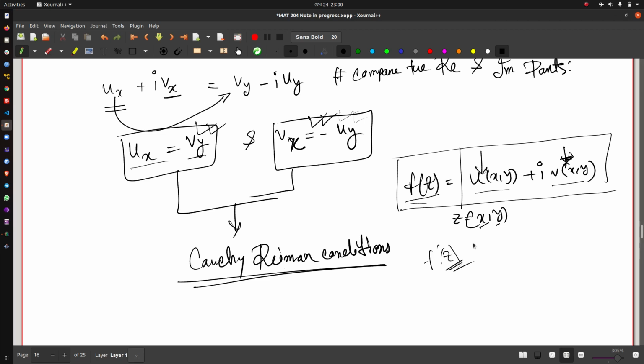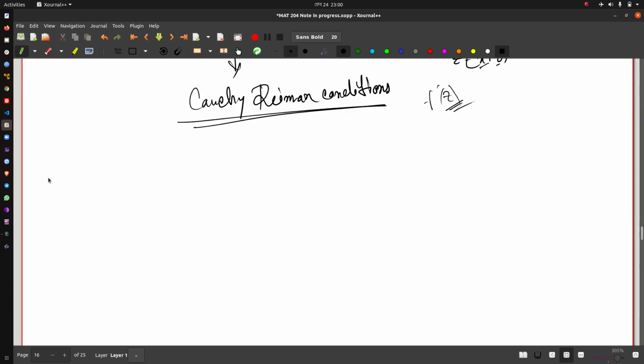Okay, so if you put all this together, you get a pretty straightforward theorem, and that theorem tells you that if your f of z, so this is something that is coming from the necessary and sufficient conditions.